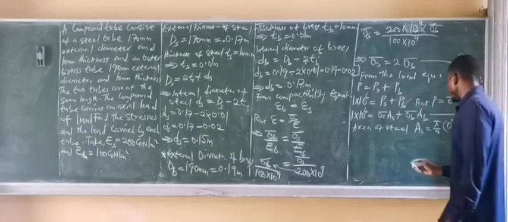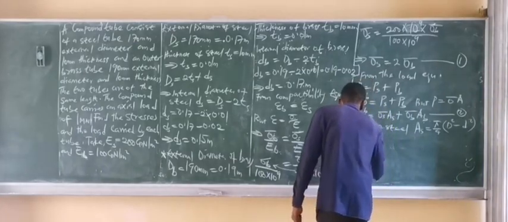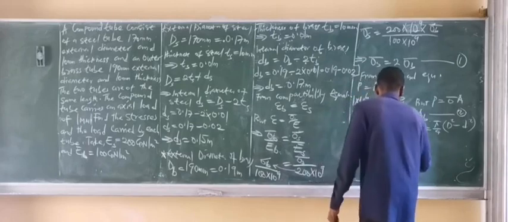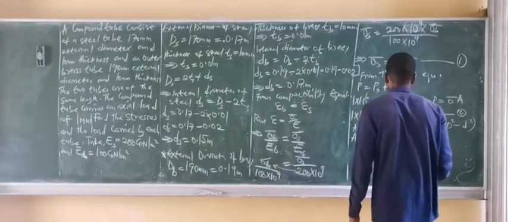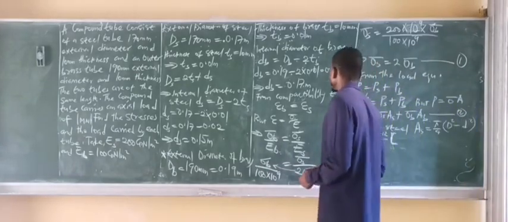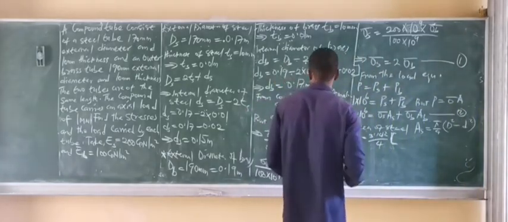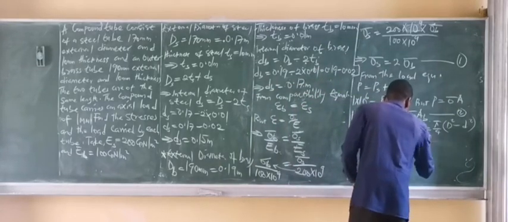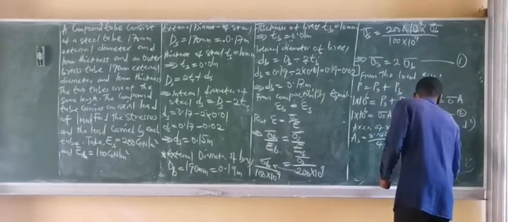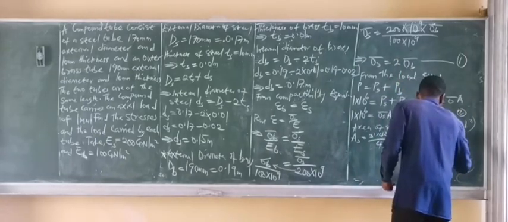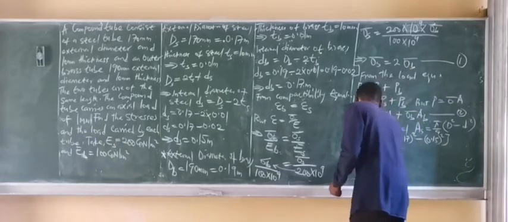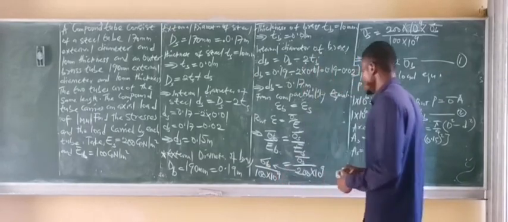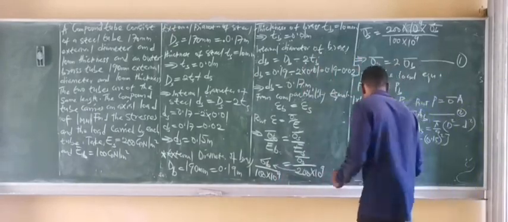So area of steel is simply pi, which is 3.142, divided by 4, times external diameter of steel, 0.17, squared, minus internal diameter, 0.15, all squared. So area of steel is equal to 3.142 divided by 4, which is 0.7855.